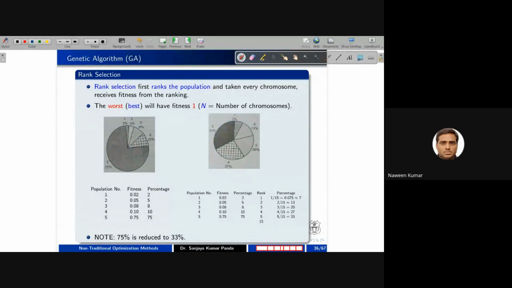Okay, sir. In other words, we can say that we are just relaxing the diversity to approach selective pressure in somewhat of a manner. Not maximally. In somewhat of a manner, we are trying to make a balance.